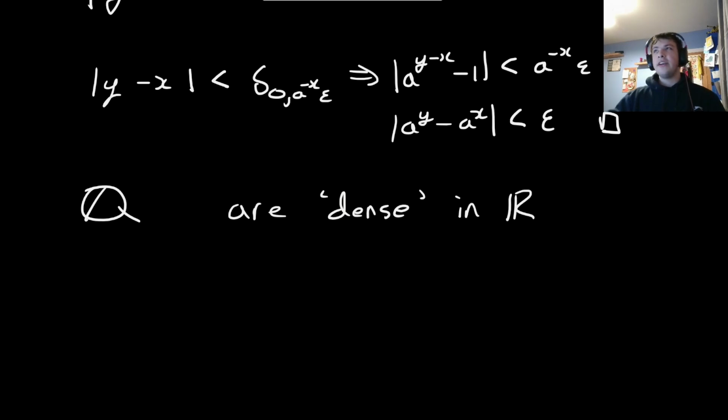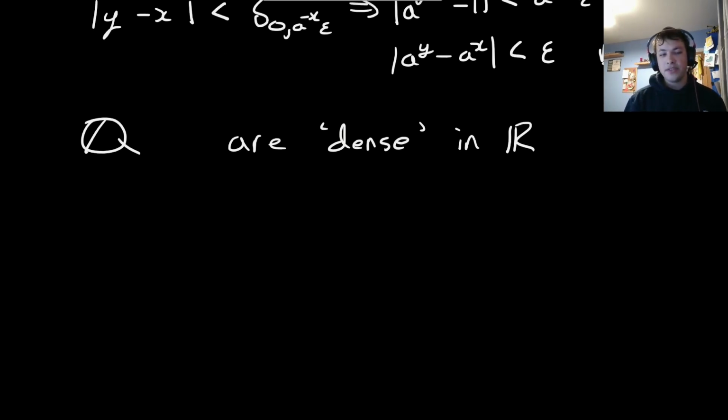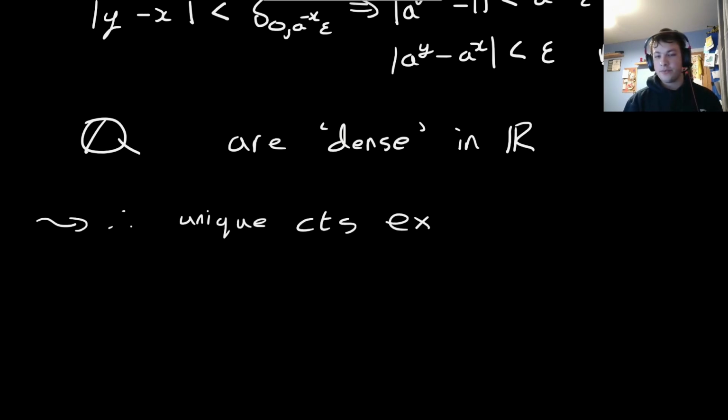You can always choose any distance about any point in the real numbers, and any interval around that point will contain an infinite number of rational numbers. And so that means that we can uniquely extend any rational function that is continuous to a continuous function on R. So unique continuous extension to R.